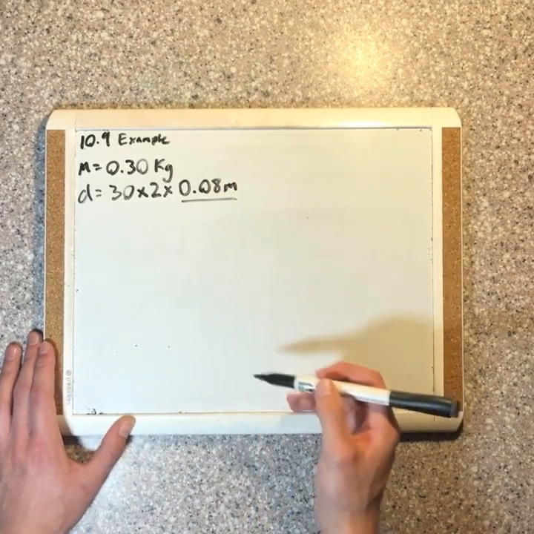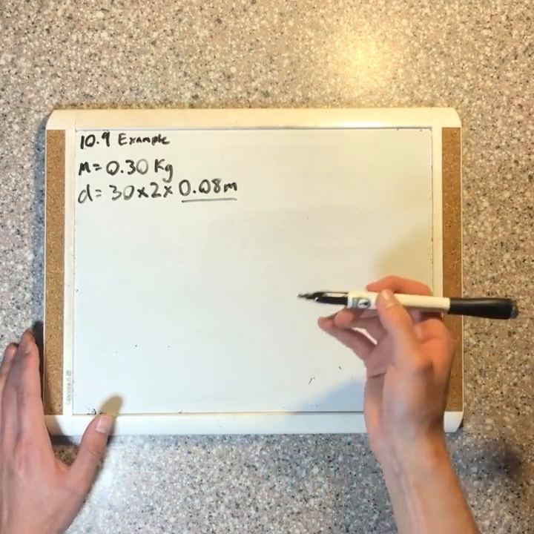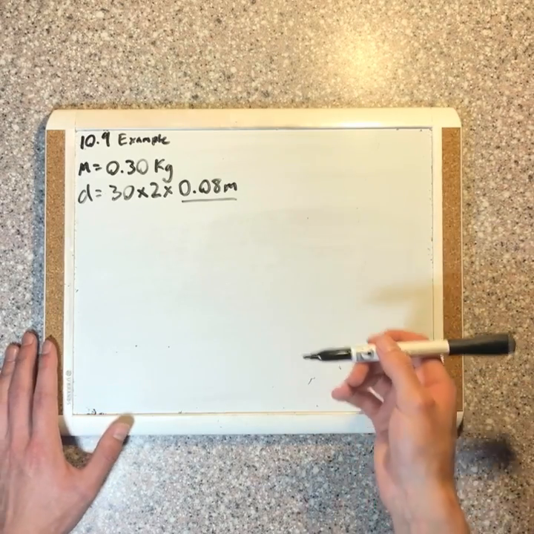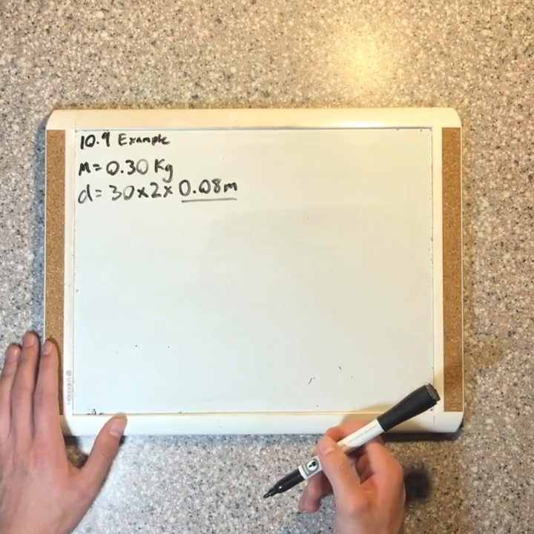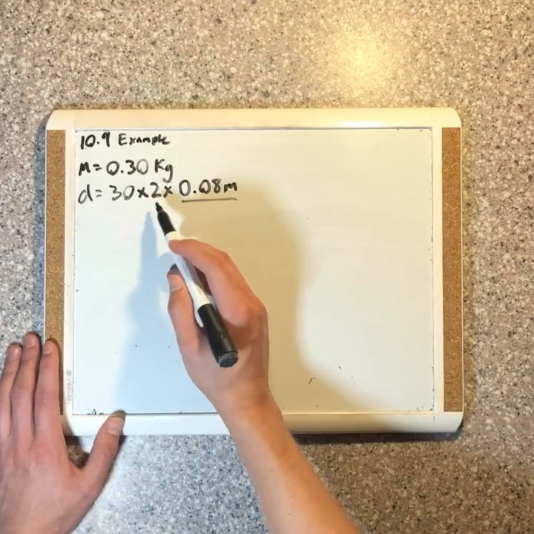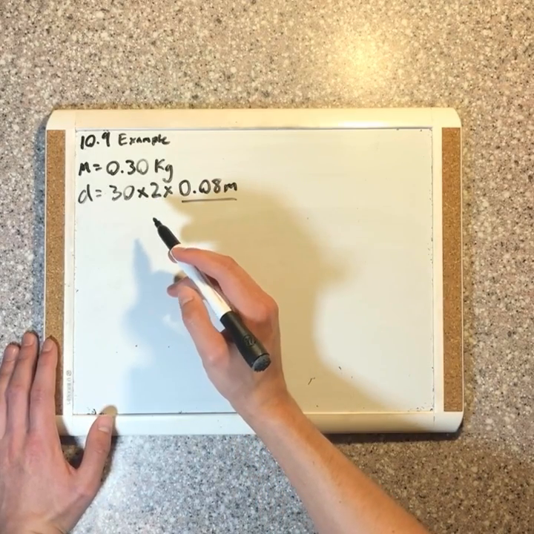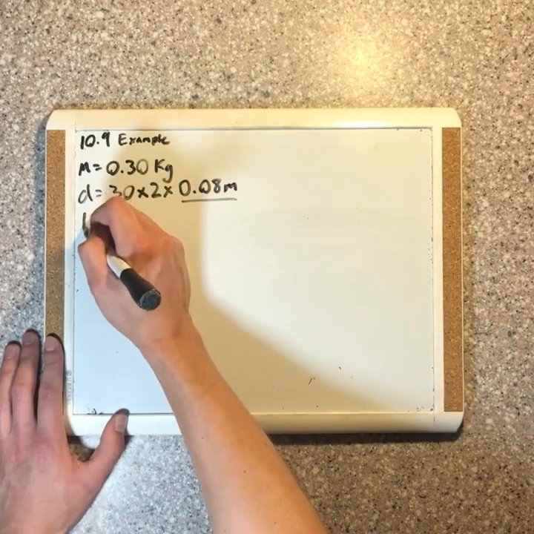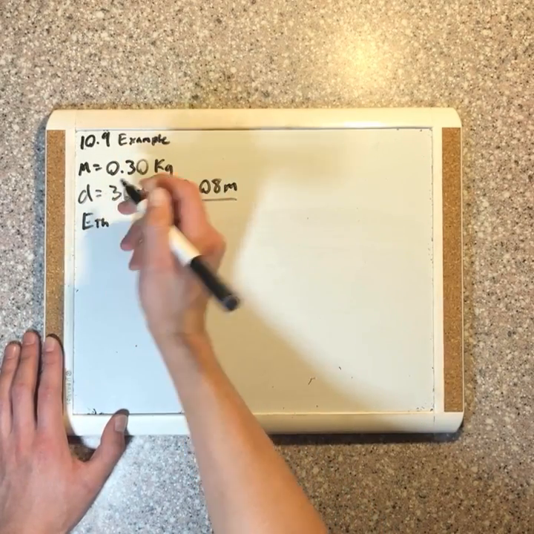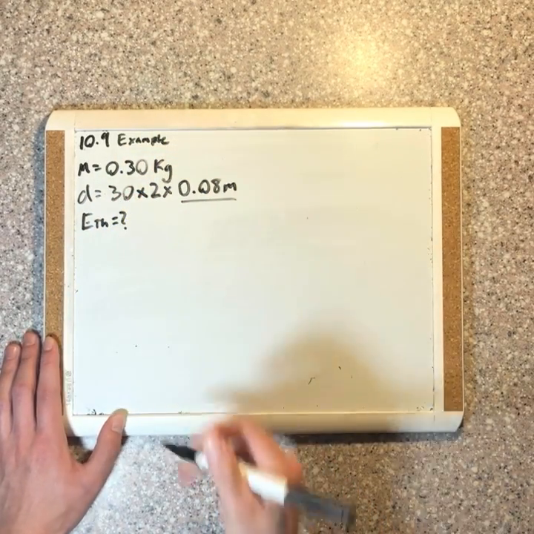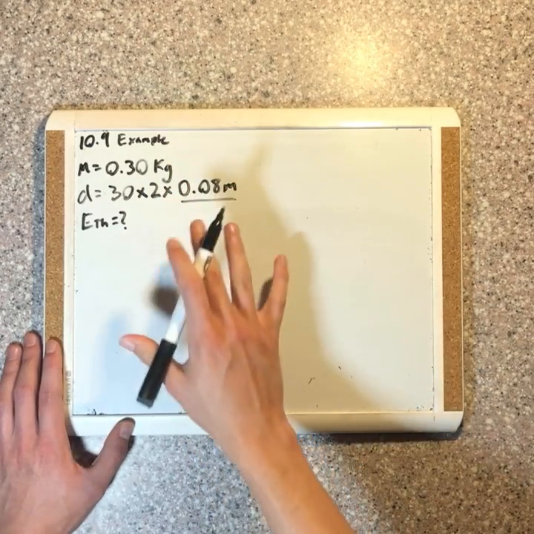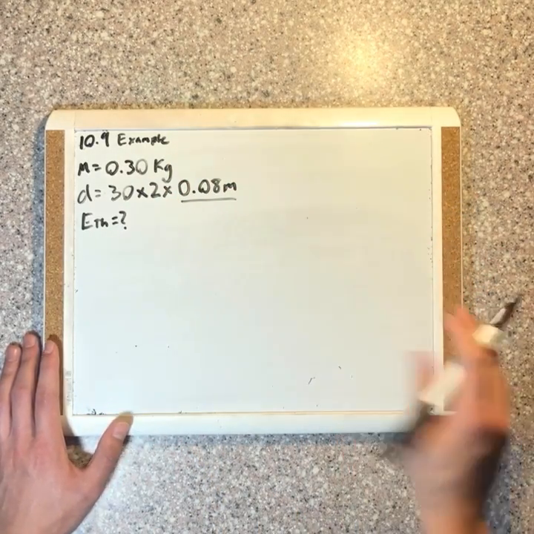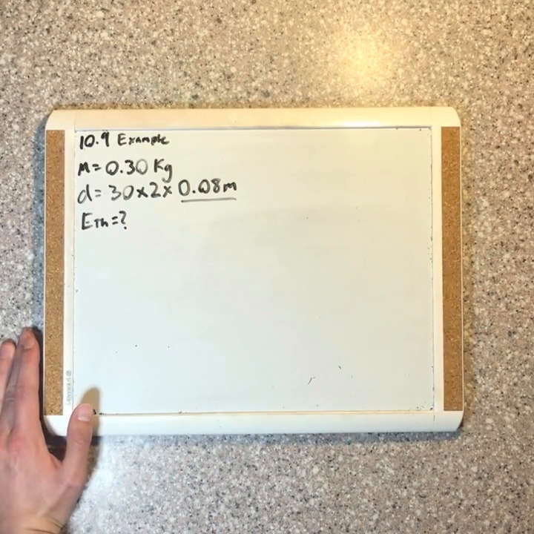Whenever we're working with these formulas, 99% of the time, you're going to want to use meters. And we are looking for the thermal energy created in this process, so ETH is unknown. All right, so we have our givens over here.